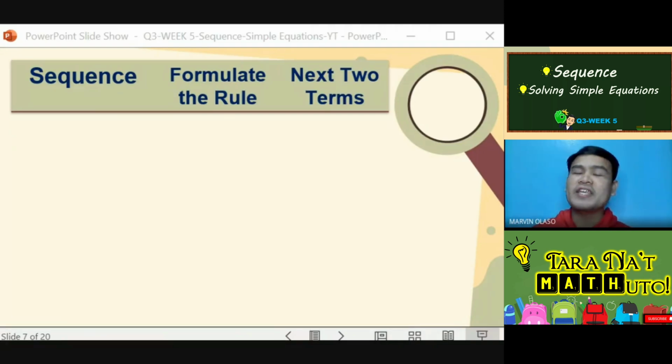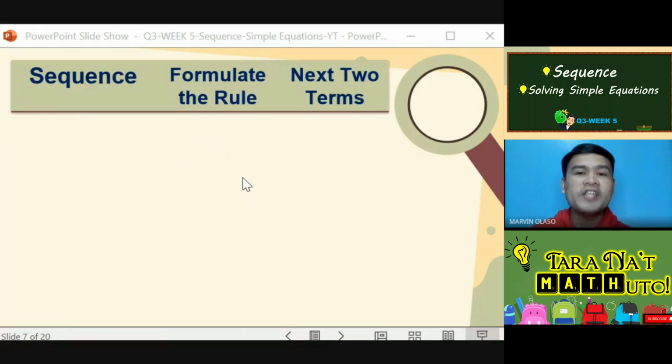This time, given the sequence, ayan, let's formulate the rule, and after that, get the next two terms in the sequence. Oops, just take note of this. In formulating the rule, when the sequence is increasing, pakitandaan yan, it's obvious that the operation there is either or both addition and or multiplication kasi tumataas.